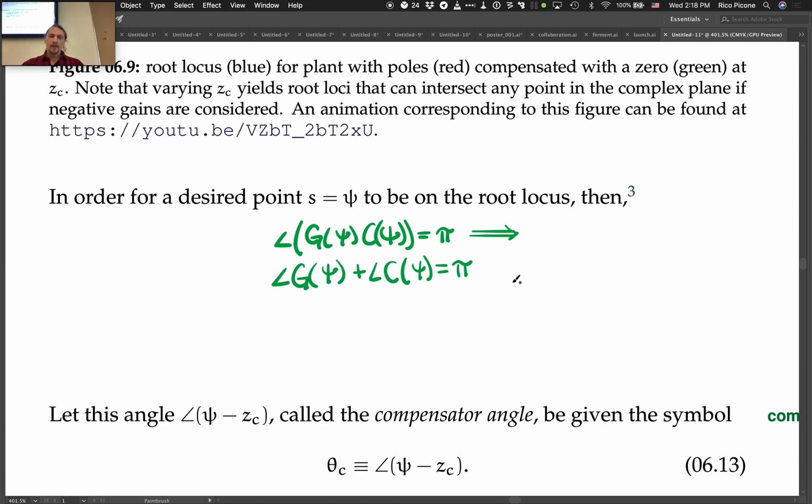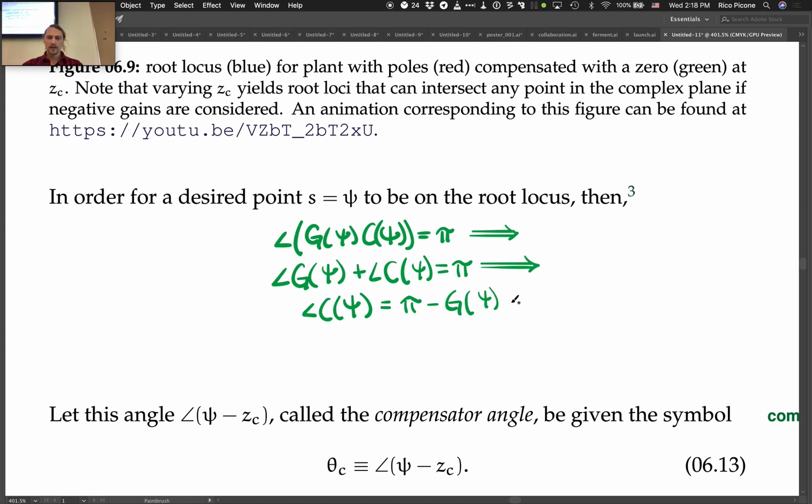And we can solve that for the angle of the compensator. So the compensator angle contribution can be found by simply subtracting the angle of G of psi from both sides, like that.